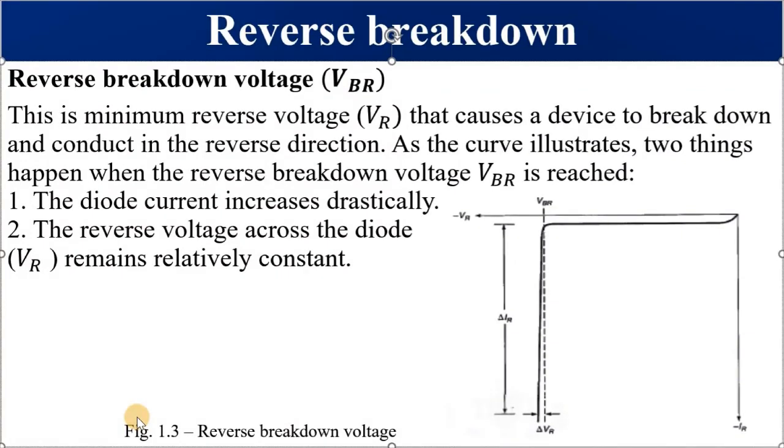We are sliding deeper and deeper into the Zener diode. We are now looking at reverse breakdown. We said it is operated in the reverse breakdown region, where reverse current is negative and also reverse voltage is negative. We are concentrating on the parameter called reverse breakdown voltage, V subscript BR.